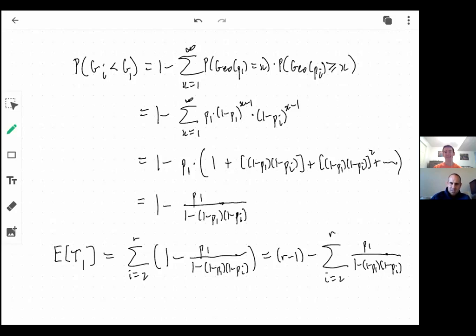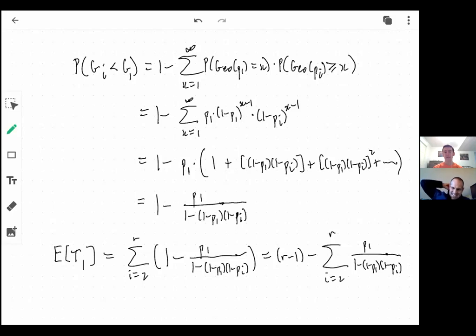There's a reason they moved you toward a geometric in the first part. So all we did here was use geometrics for all of them. We need to count the number of those geometrics that come prior to the first geometric, and so we just had to set up our indicator variables differently.